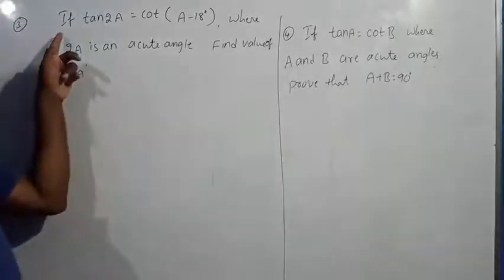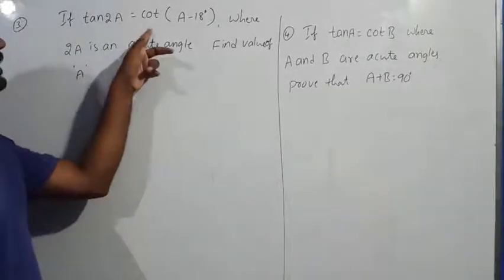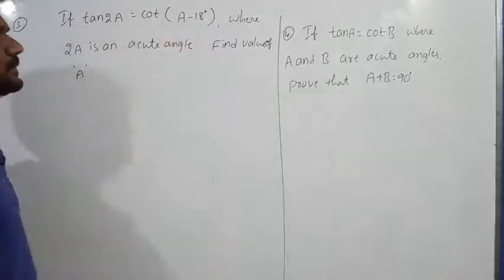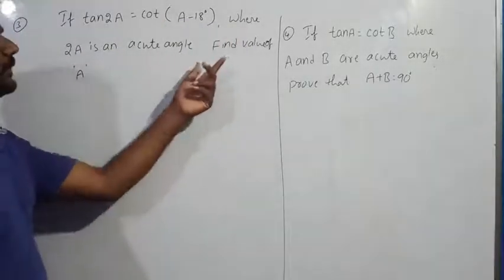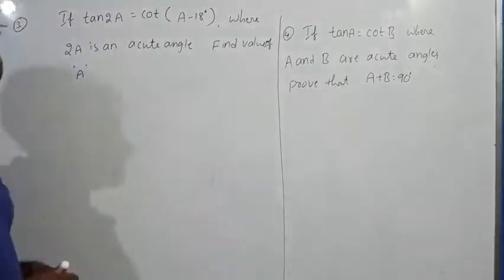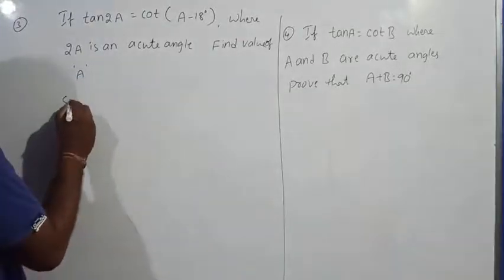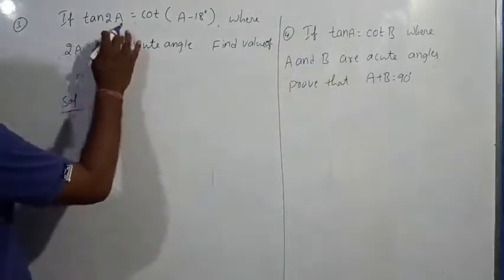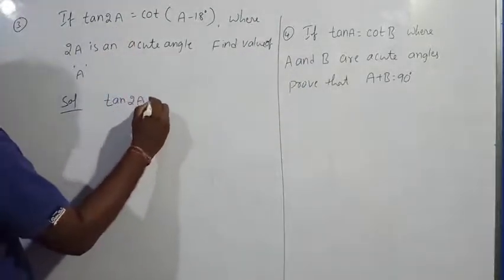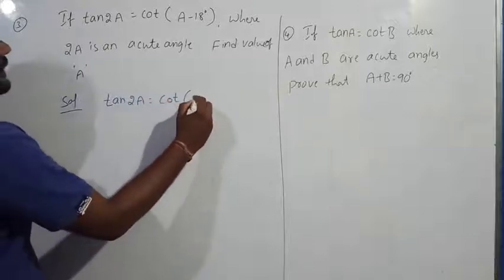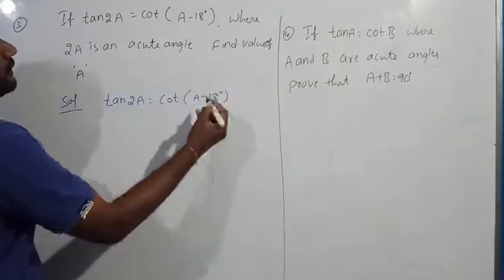Next one: if tan 2a equals cot of (a minus 18 degrees), where 2a is an acute angle, find the value of a. What is given? Tan 2a equals cot of (a minus 18 degrees).